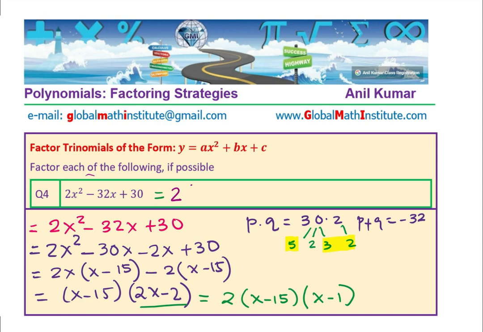So we could factor out 2 first, right? So then it becomes x squared minus 16x plus 15, correct? Now that is very simple to factor. Product of 15 and minus 16 is 15 times 1, both negative, right? So you get 2 times x minus 15 times x minus 1.